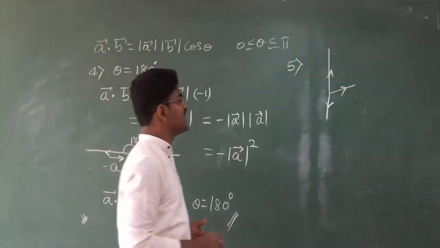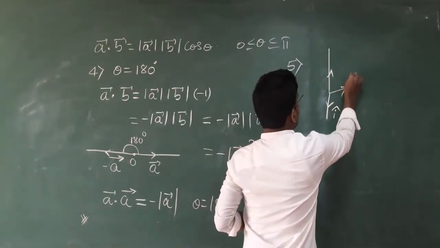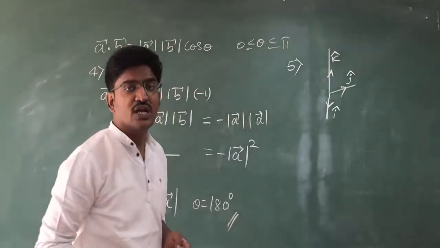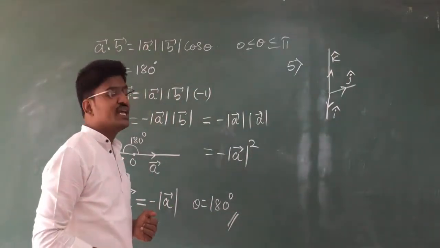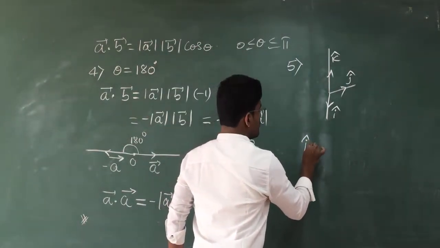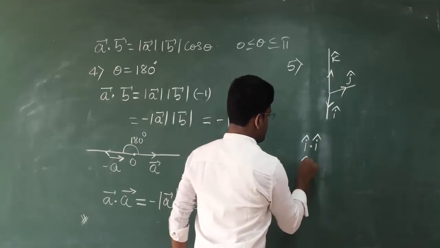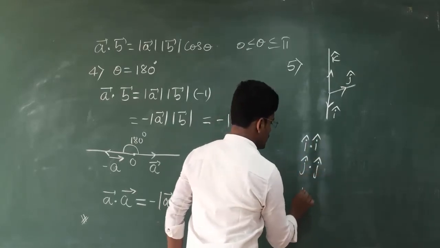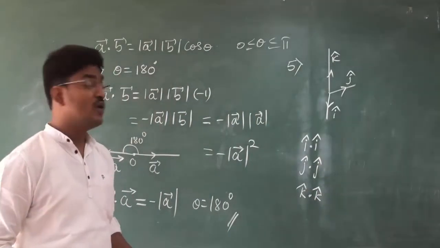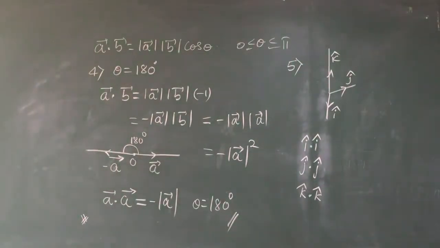That means I will take three unit vectors which are mutually perpendicular, and I will try to calculate I cap dot I cap, j cap dot j cap, k cap dot k cap. As you all know, I cap, j cap and k cap are unit vectors.